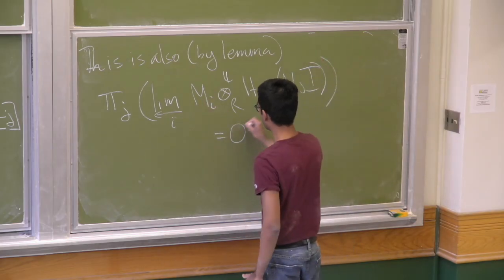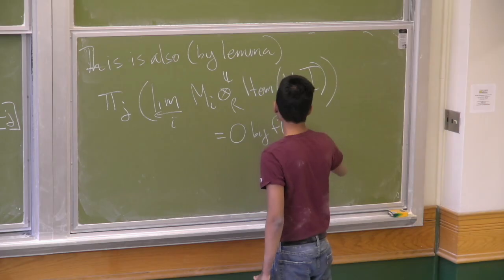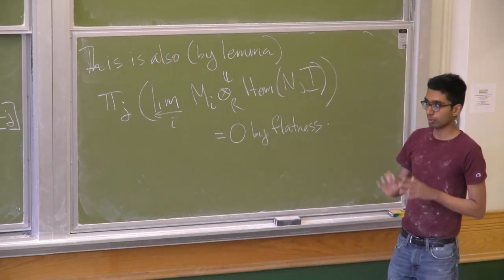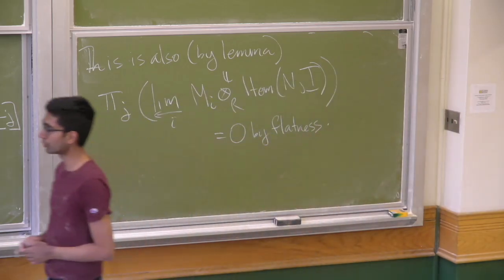So this is 0. So that's a contradiction. So that's the proof.